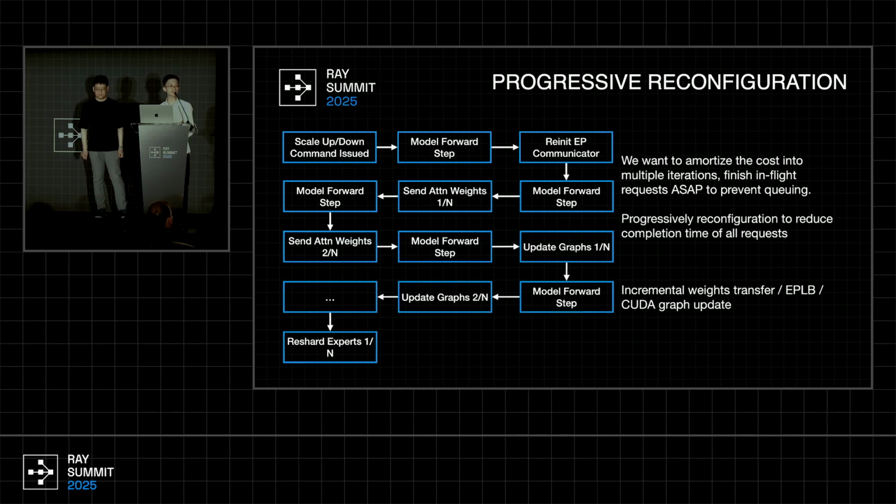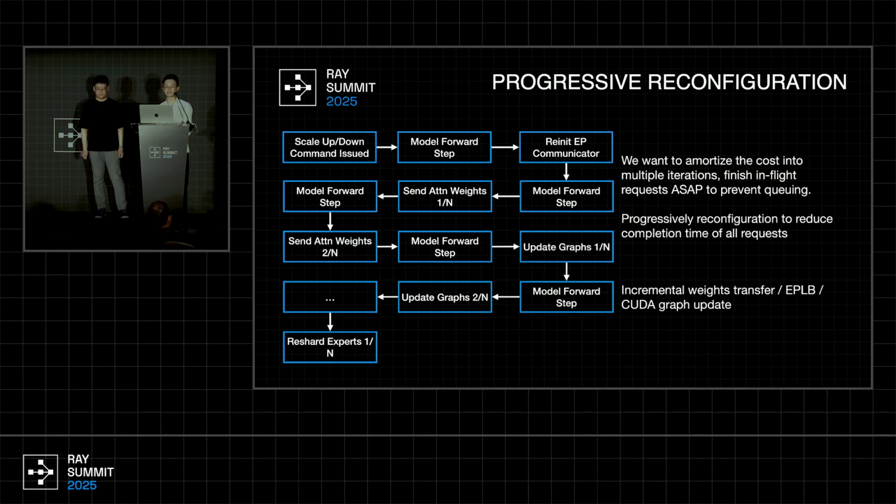And so with this kind of incremental CUDA graph update, we can actually enable progressive reconfiguration. We can break down the weight sending, the graph update and all other costs into multiple model forward iterations.